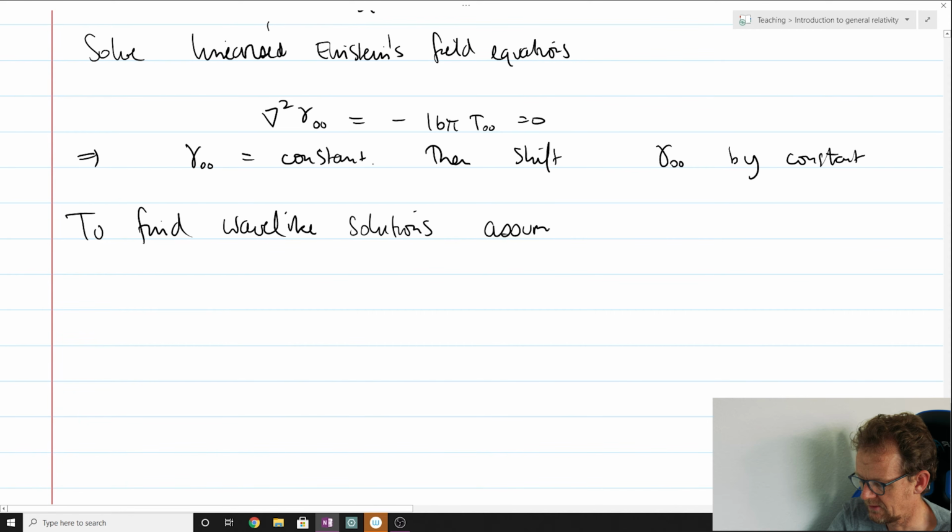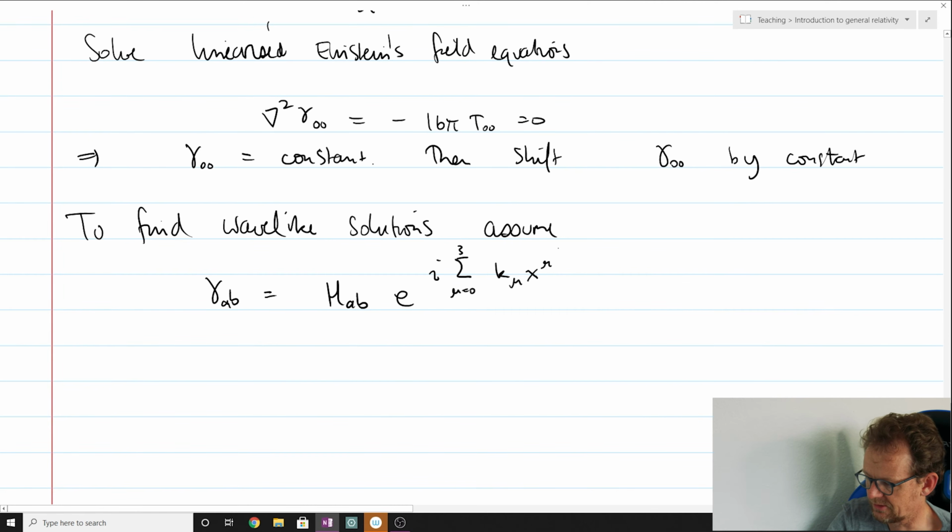The way we find waves is the way we always find waves. So we assume that the perturbation to the metric gamma AB has the form of some constants multiplied by e to the I times some wave vector dot product with the position. So we just make a wave ansatz.